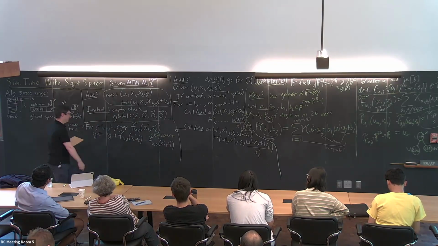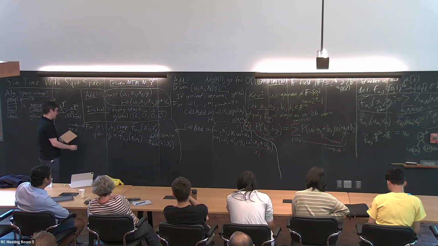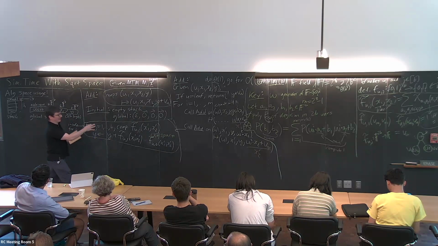So I'm just concatenating these B bit values and adding them into this running sum Y. Now I'm doing this over all I.